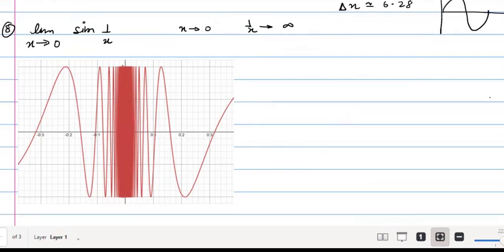Therefore, the function keeps oscillating between 1 and -1. So we say the limit does not exist. What you're supposed to write is: as x approaches zero, 1 upon x approaches infinity, and the function sine of 1 upon x does not approach a particular value, but keeps oscillating between +1 and -1.